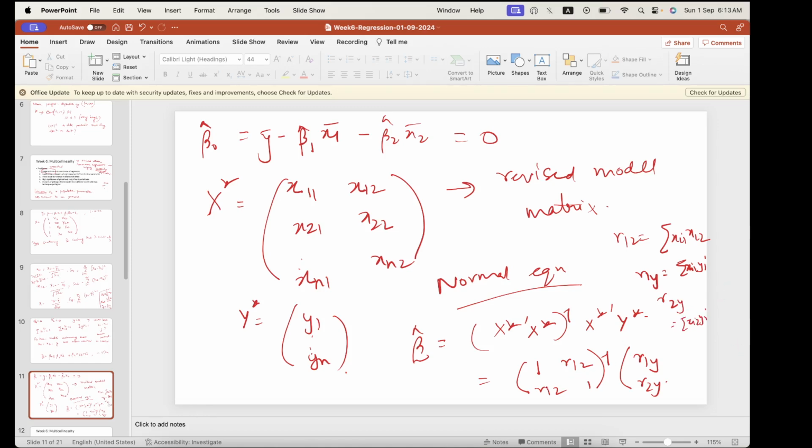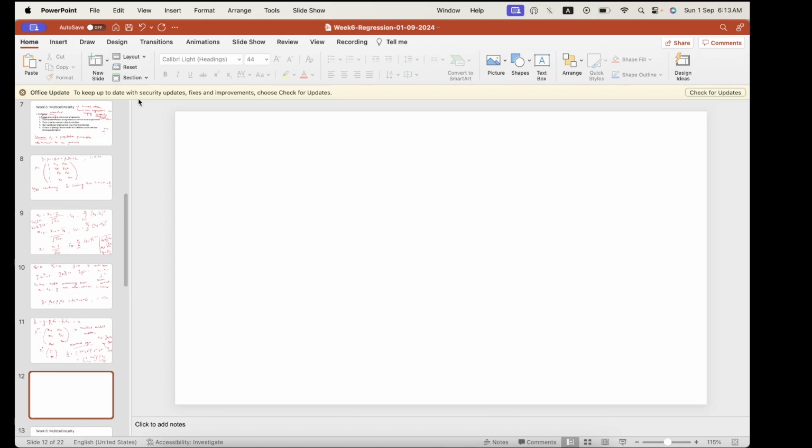So then if we invert this thing, what do we have? We have to find the determinant.